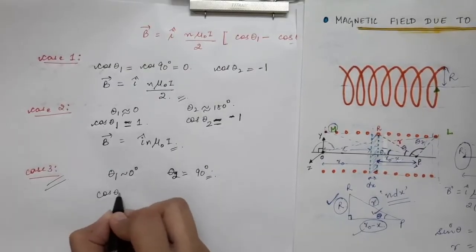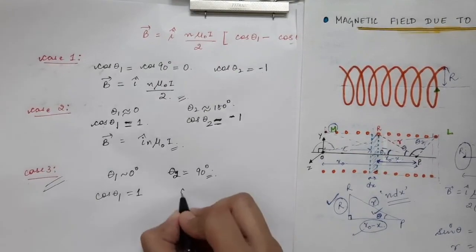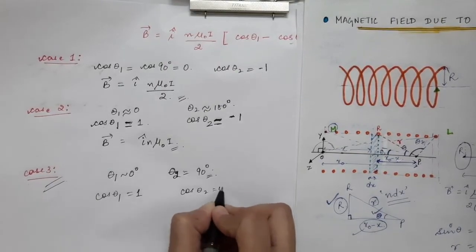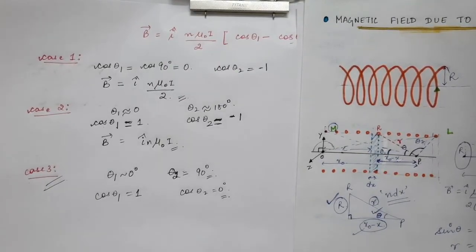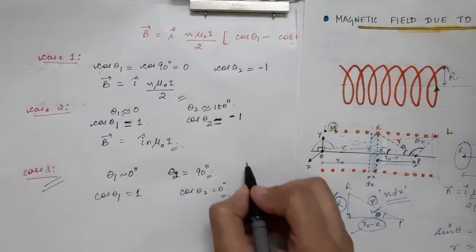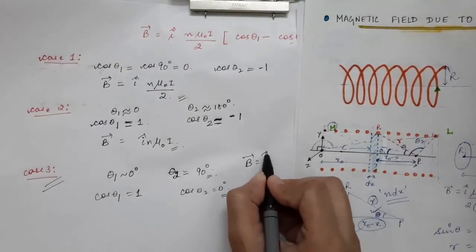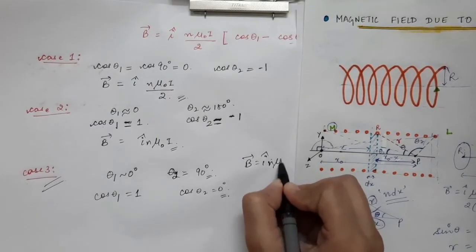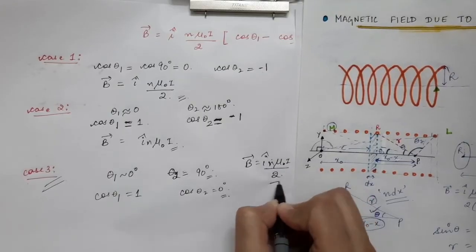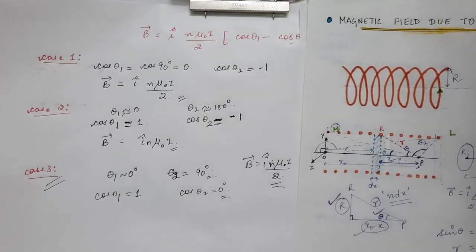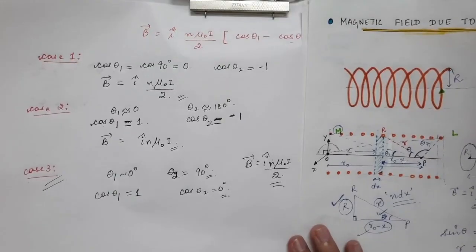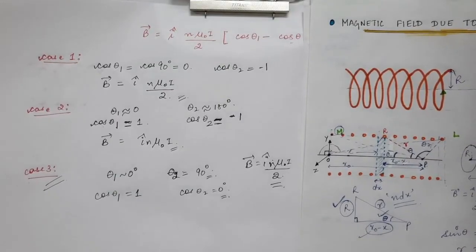So cos of theta 1 will be equal to 1 and cos of theta 2 will be equal to 0. So the magnetic field will be equal to i cap n mu naught I divided by 2. So these are the special cases in the case of a solenoid.